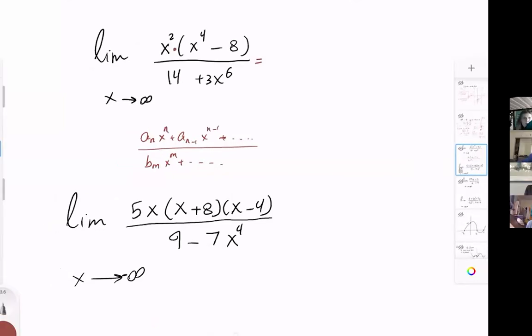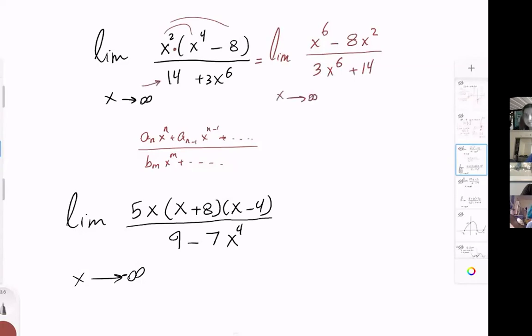So we need to make it like this. Your job is to multiply and make it a polynomial in standard form. So this will be the limit of x to the power of 6 minus 8x squared divided by 3x to the power of 6 plus 14. You also make this one in standard form.